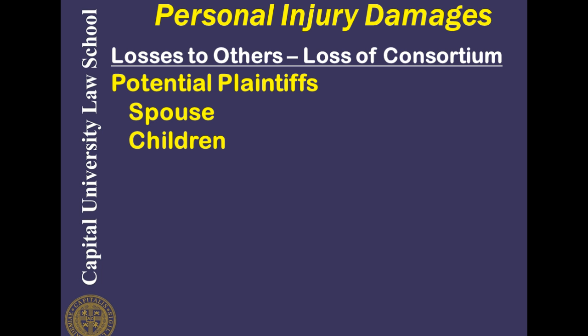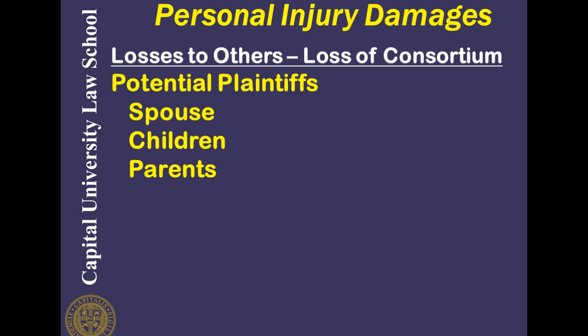Most jurisdictions also permit loss of consortium to children. That is, when children have lost the companionship or the advice of a parent, they can claim loss of consortium. Likewise, parents have been permitted to claim loss of consortium when there has been a catastrophic or fatal injury to a child.